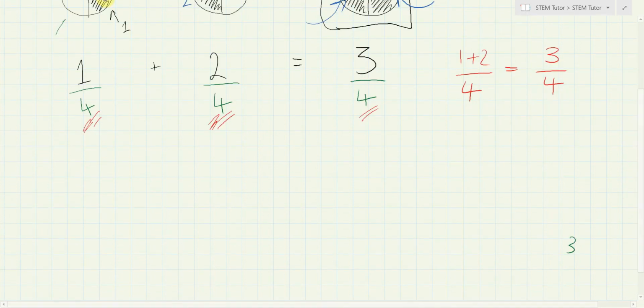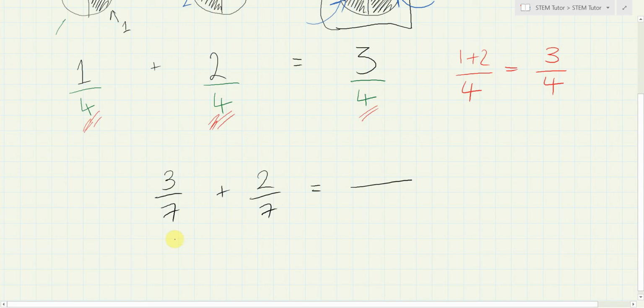Just to go through an example with fractions on their own and not using circles, if we had 3 over 7 plus 2 over 7, as the denominator in the question is the same, in this case 7, the answer shares the same denominator, so that's 7, and the number on the top will be 3 plus 2, plus because we're adding them together.